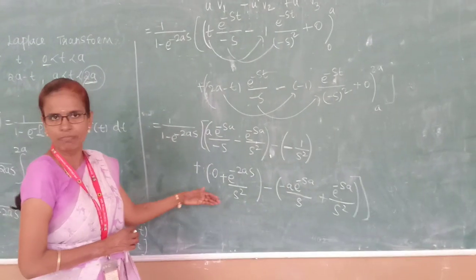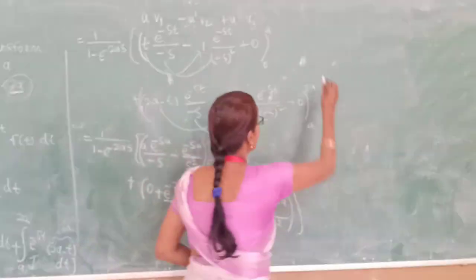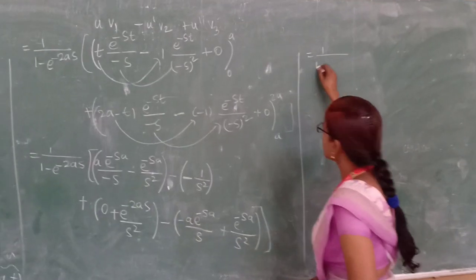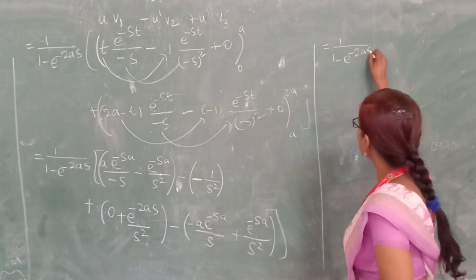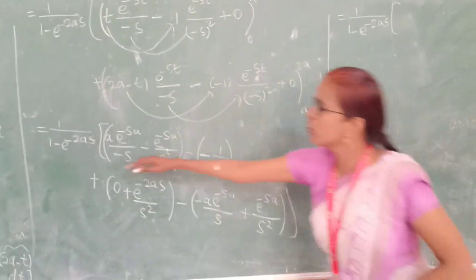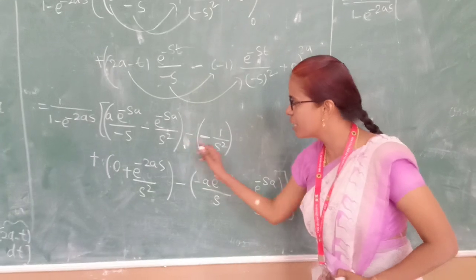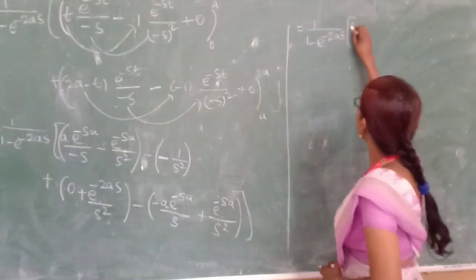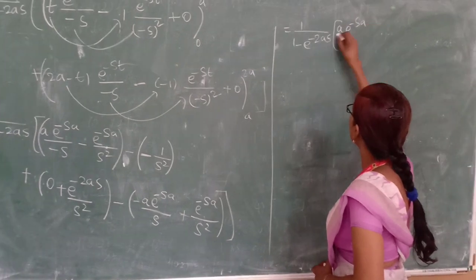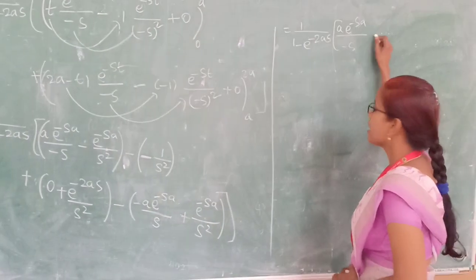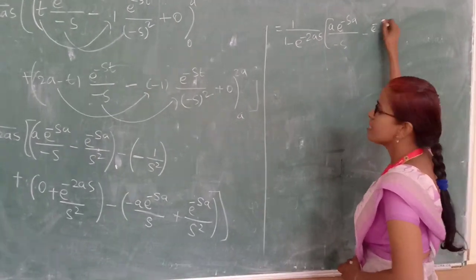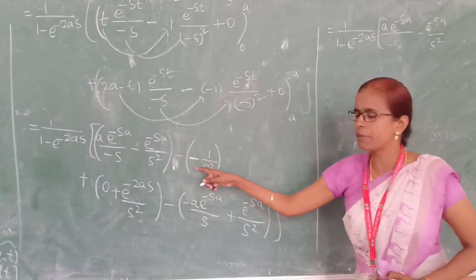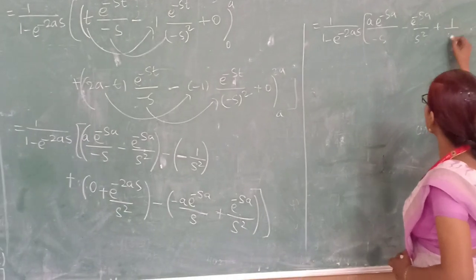Now we are going to simplify this. We write this term as 1 by 1 minus e power minus 2as, then write all those terms as they are. Here minus into minus is plus. So a into e power minus sa by s, minus e power minus sa by s square, and minus into minus is plus, so plus 1 by s square.